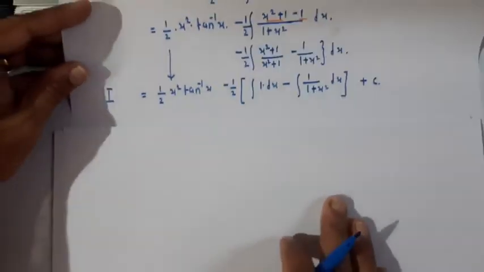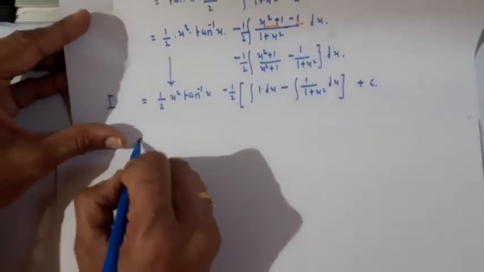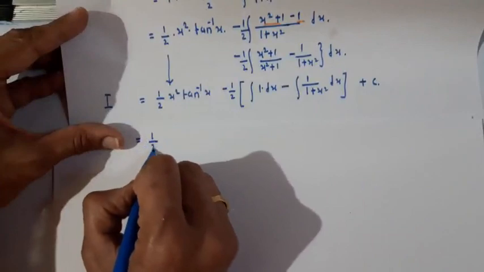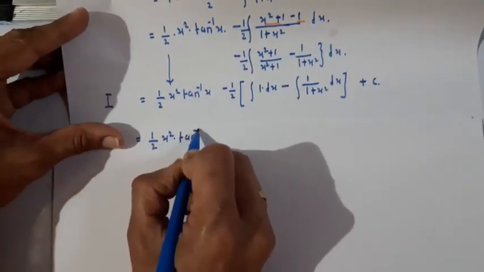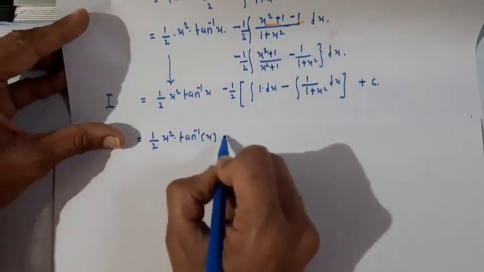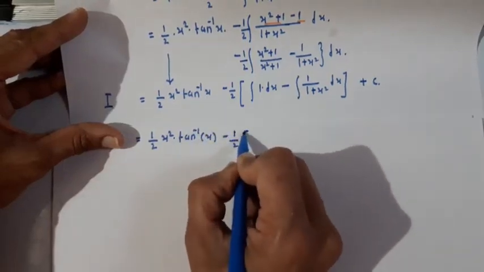And now this is equal to 1 upon 2 x square tan inverse of x minus 1 by 2.